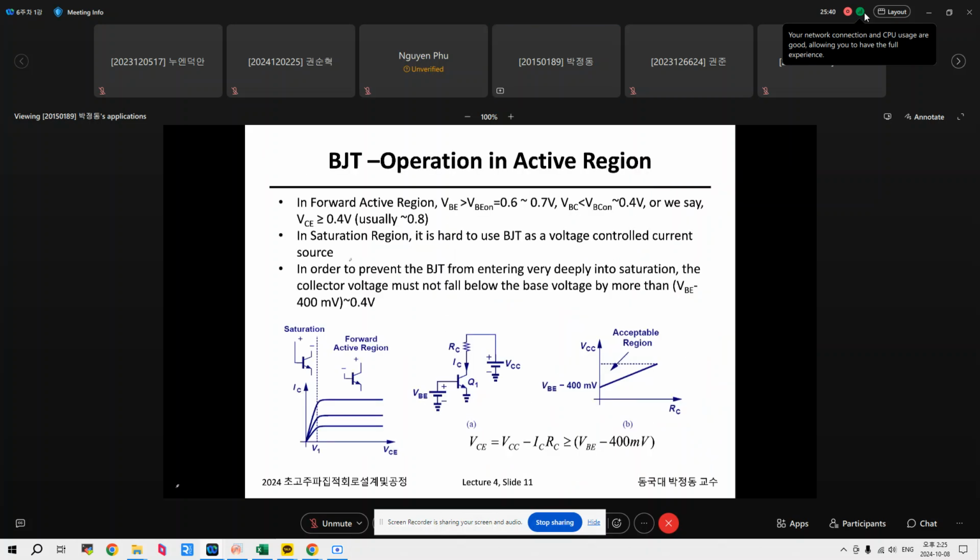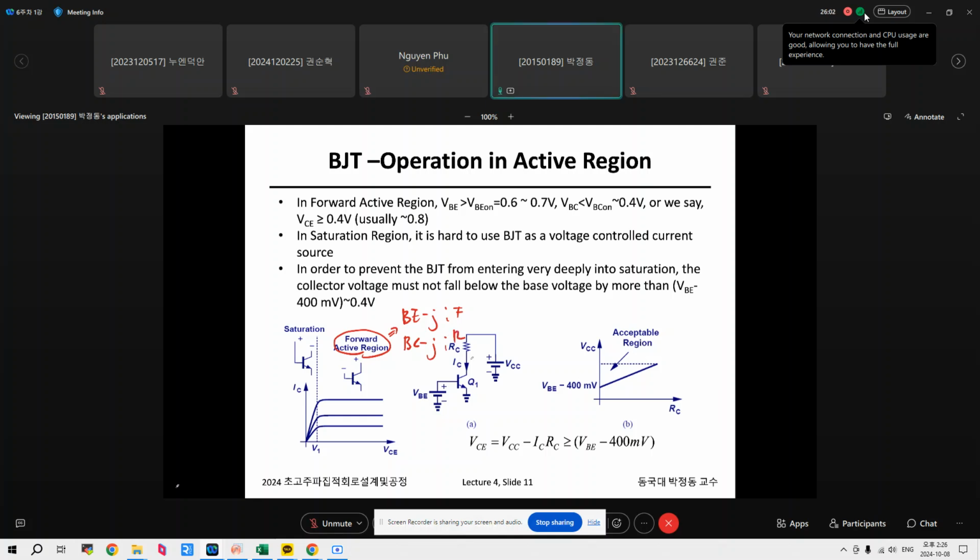So BJT operation in active region, this is very easy to understand. For the BJT to operate in forward active region, right? You have a base emitter junction in forward and base collector junction in reverse, right?